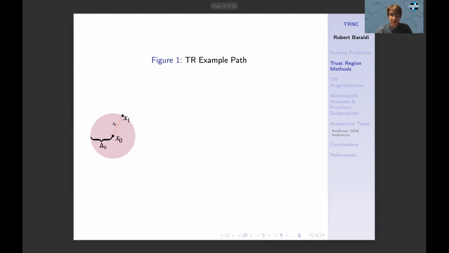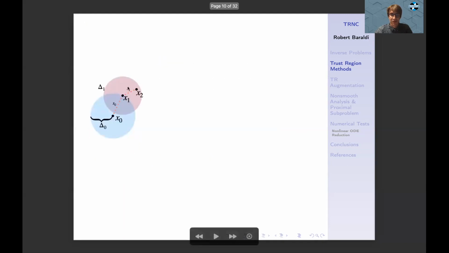So you accept that step, and you start at X1 with the same trust region because it did well, and you repeat the process. From X1 you find a new step in the trust region to X2, which happens to be right here. You move over there, and you're doing pretty well.